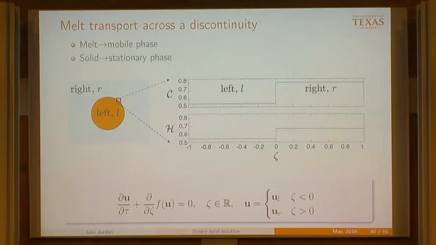So another reminder is the melt is the mobile phase, the solid is the stationary phase. We've got this left state inside here, and we're pushing it into the right state, over here. And this is written this way, where we have a set of conserved quantities to the left of our dimensionless spatial coordinate, and a set of conserved quantities to the right.